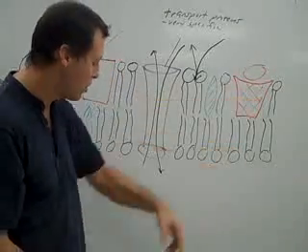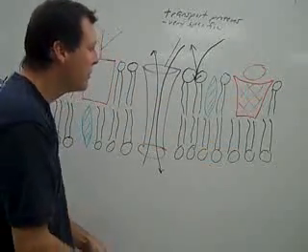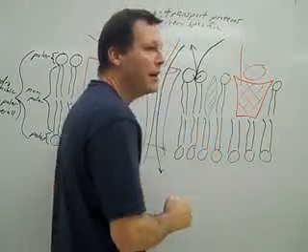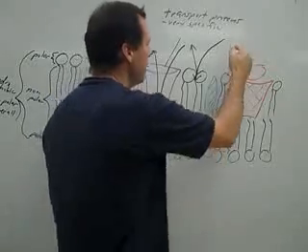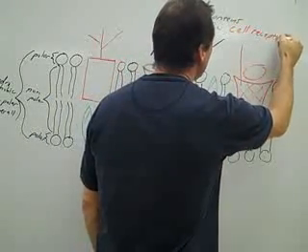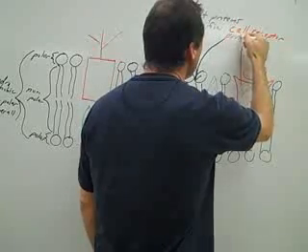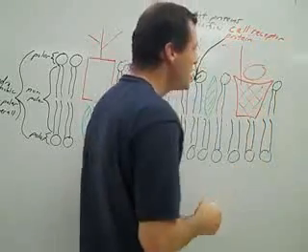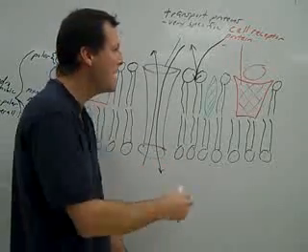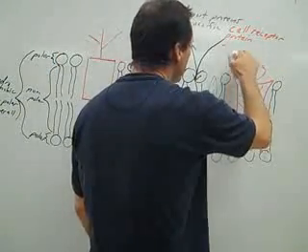Over here we have another protein. This is going to be referred to as a cell recognition protein. I'm sorry, a cell receptor protein. So this is a cell receptor protein. And like its name implies, it receives messages from other cells in the body. So let's go ahead and write that down.